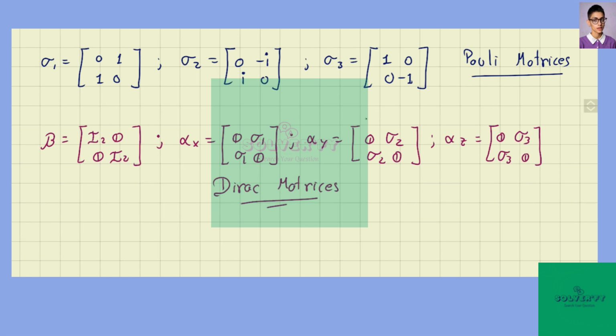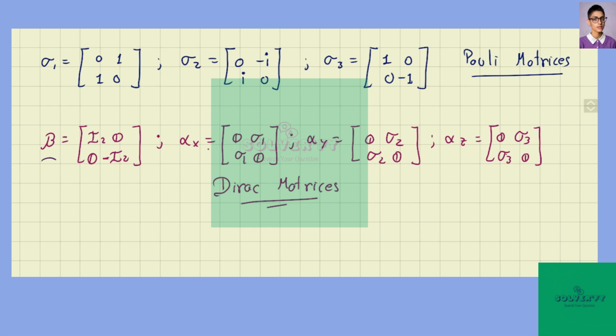And there is another set of matrices that are important, formed like block matrices, that depend on the Pauli matrices. You can observe here we have the matrix beta, which is a block matrix formed by the identity 2 by 2, the 0 matrix 2 by 2, the 0 matrix 2 by 2, and minus the identity matrix 2 by 2.